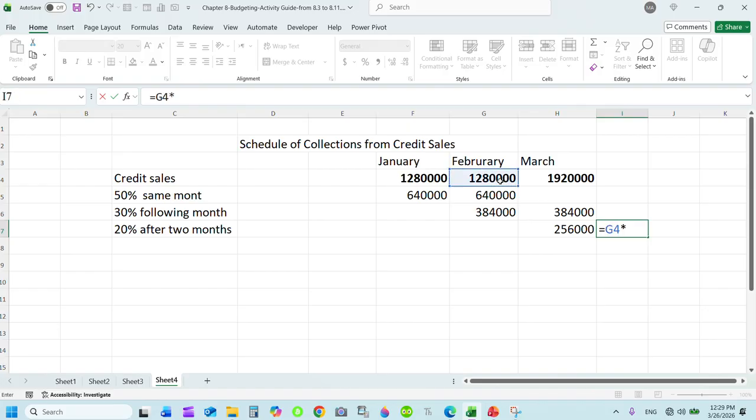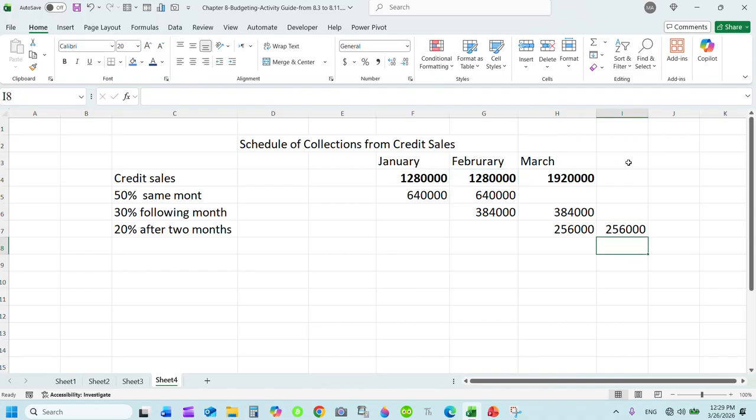This times 0.2, April, right? April. Right. So you can see these are our cash collection, right?